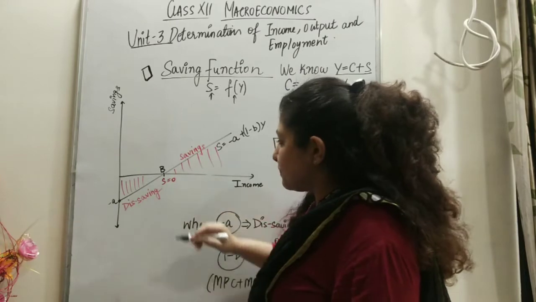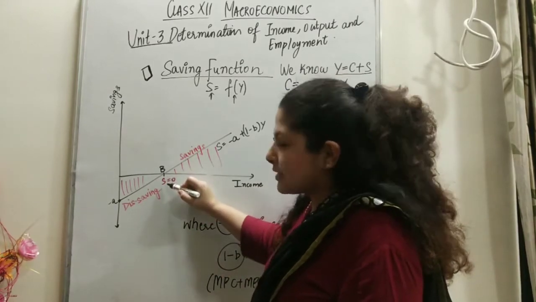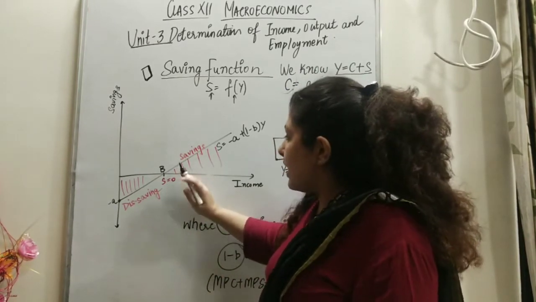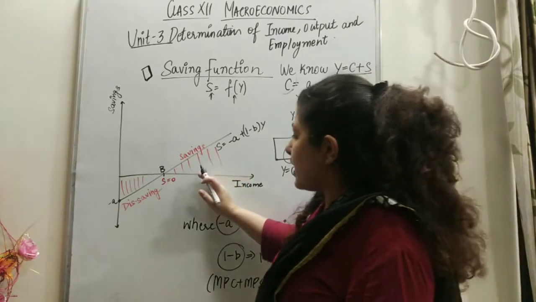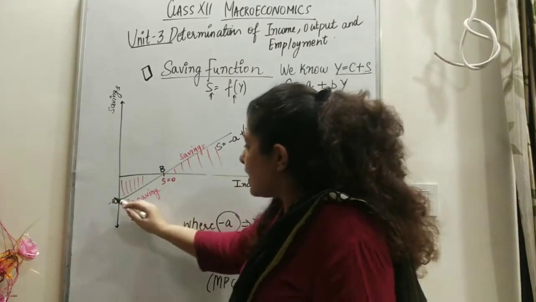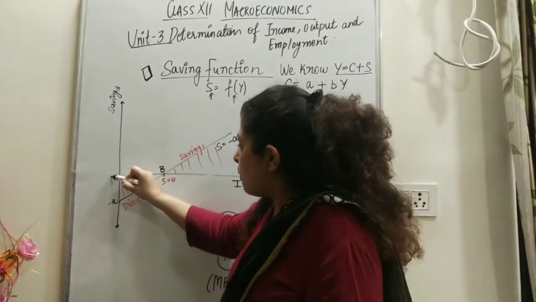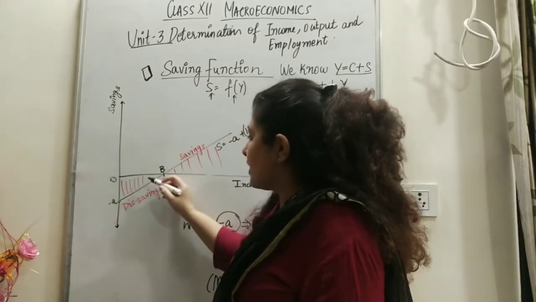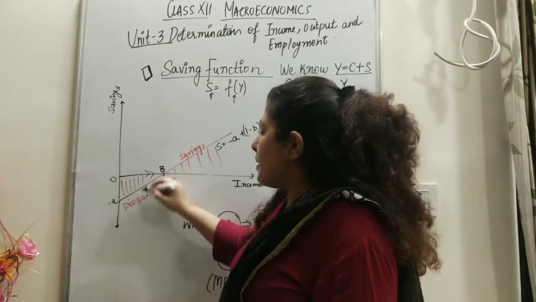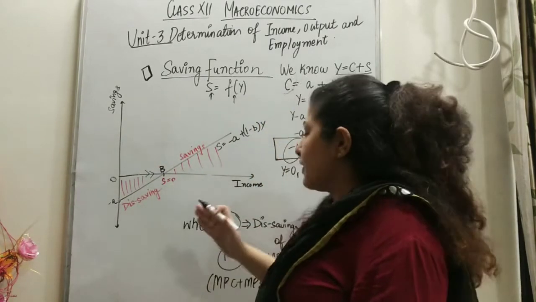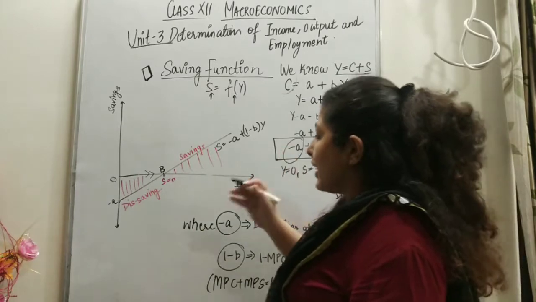Point B is the point where S is equal to 0, right? And to the right hand side of B, what is happening? Just see the graph, this black line. In the beginning it is negative, minus A, when the income is zero. Then as my income increases, my savings increase, I save more and more.